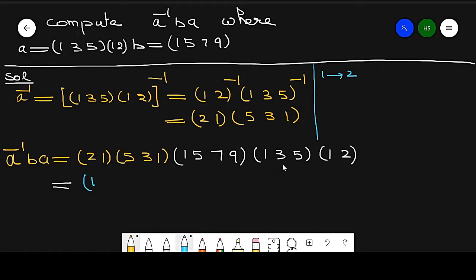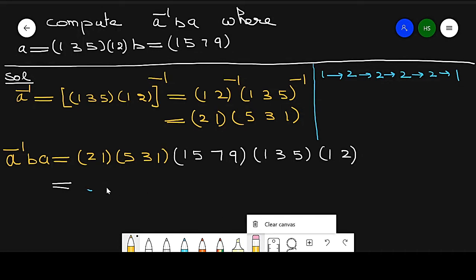Now in this there is no 2, so 2 goes to 2 at this step. Here again 2 goes to 2. Here again 2 goes to 2. And here 2 goes to 1. So 1 goes to 1. So it makes identity, and it means we will remove this element.